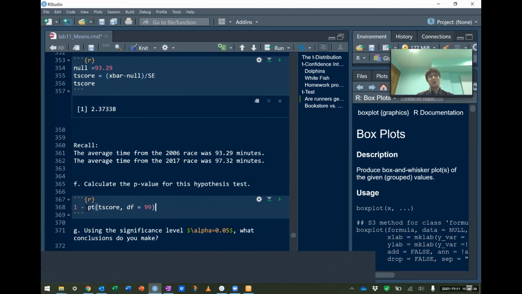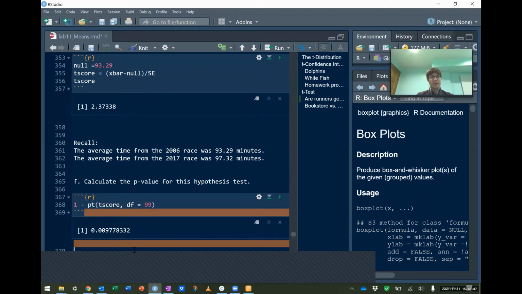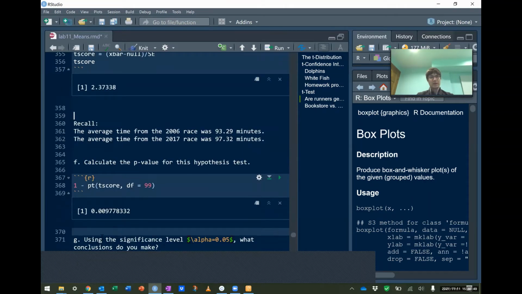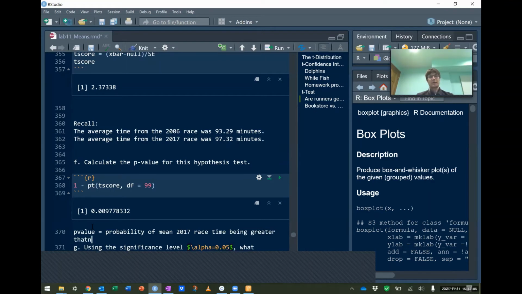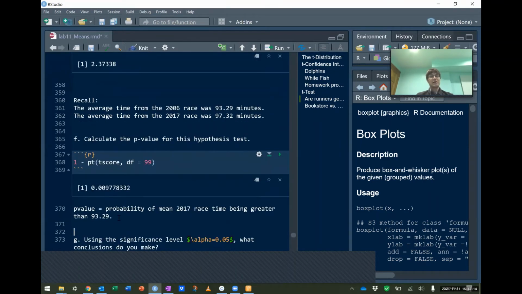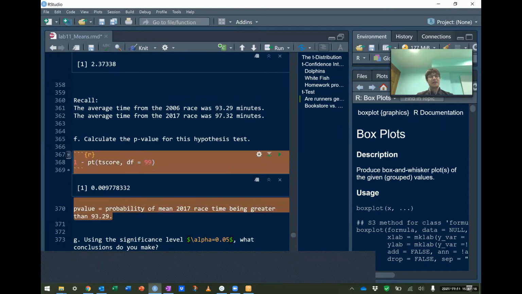So that's the probability of being greater than, this is the probability of a mean being greater, okay, that's the p-value for the mean race time being greater than 93.29.